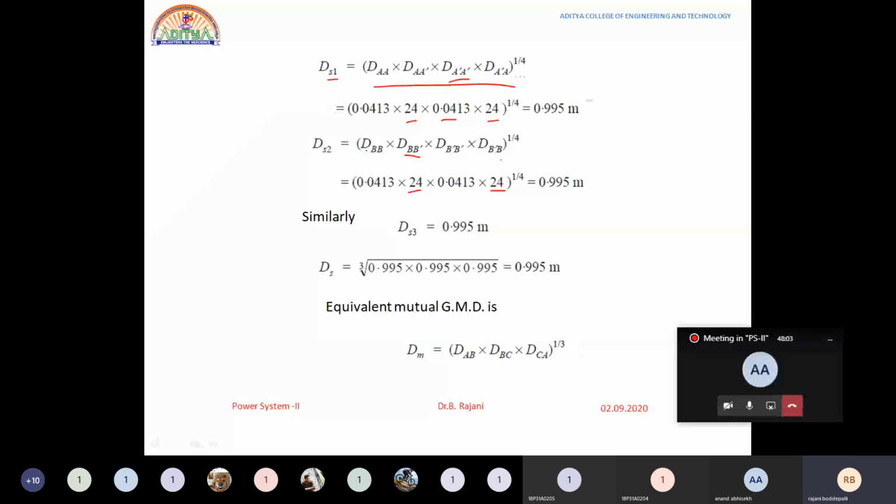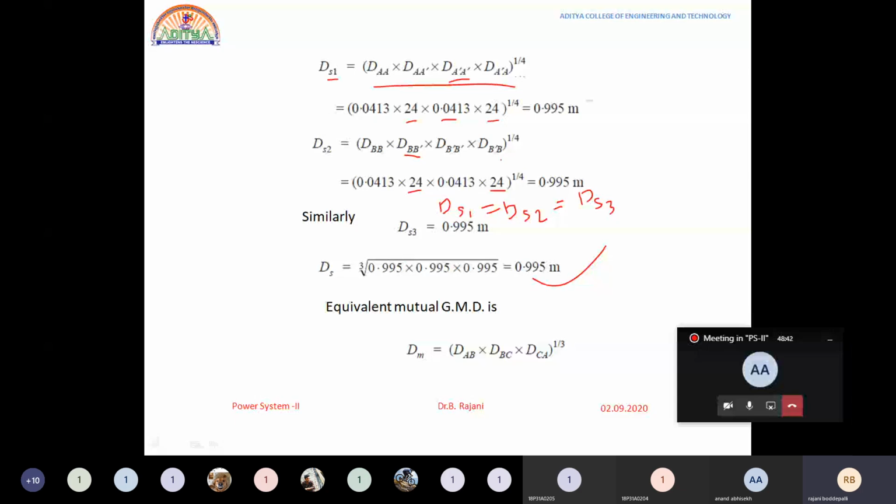DS1 is equal to DS2 is equal to DS3, and this value is 0.995. That is substituted in this formula, so you will get this answer, 0.995 meters. Now we have calculated the equivalent self GMD.